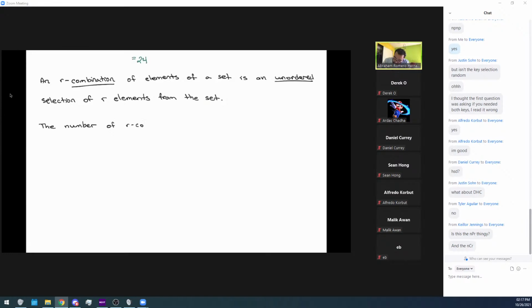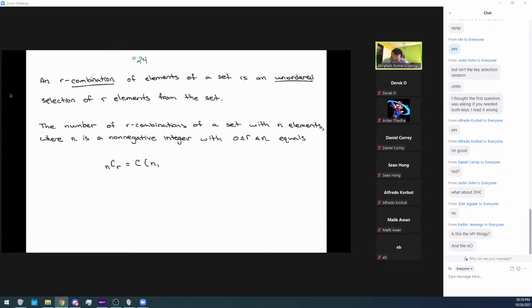So the number of R combinations of a set with n elements, where n is a non-negative integer, with R being greater than or equal to 0 but less than or equal to n, equals, and this is how we do NCR, which the book will write as C of n comma R, but the way I'm going to write it is this way, NCR.